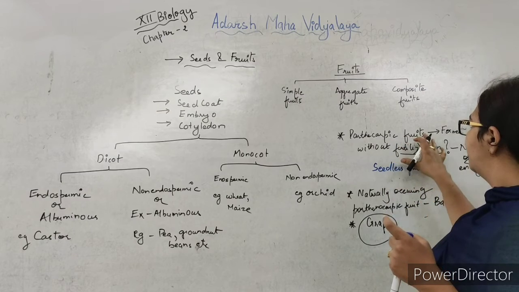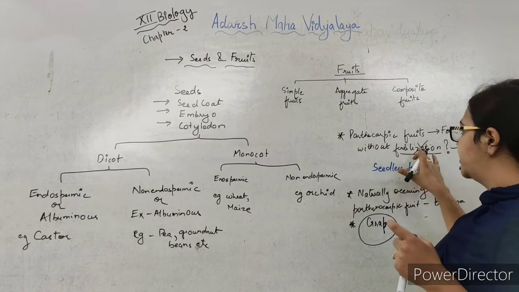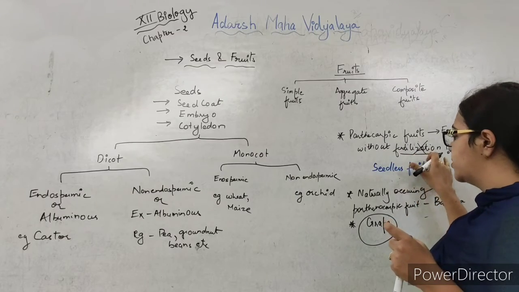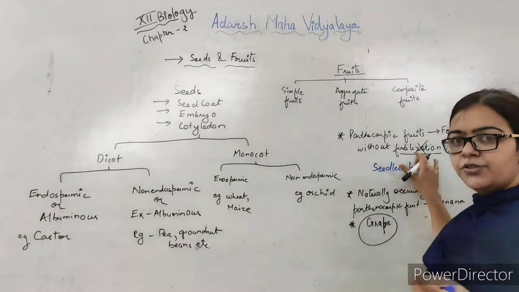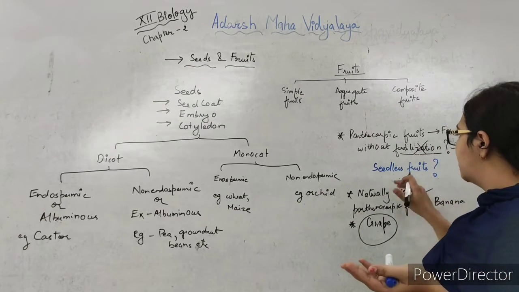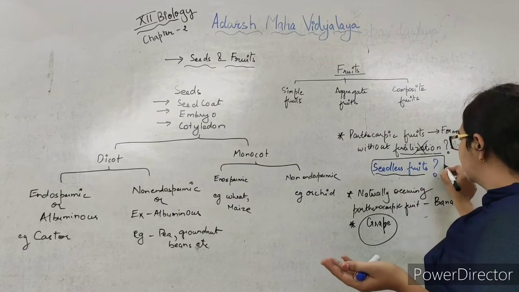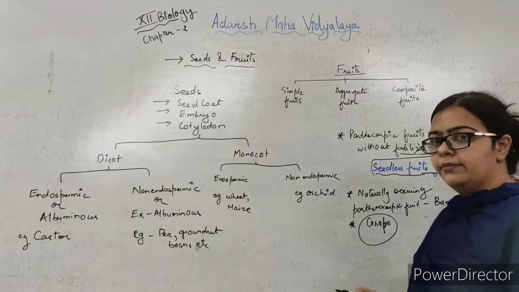So parthenocarpic fruits are nothing but the fruits formed without fertilization. Because there is no fertilization, there will be no formation of embryo, and hence these fruits are also called seedless fruits. Okay.